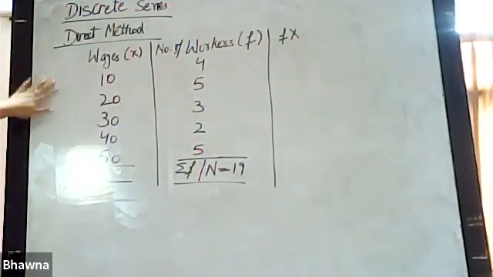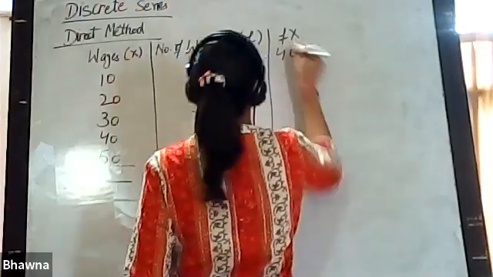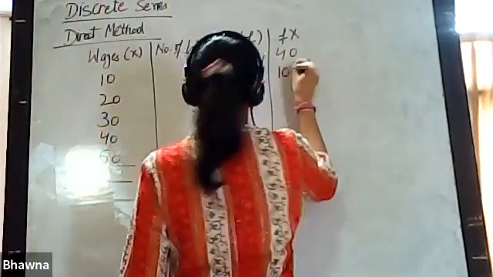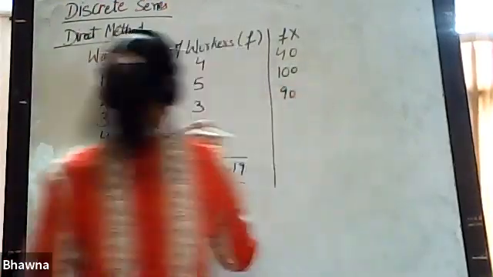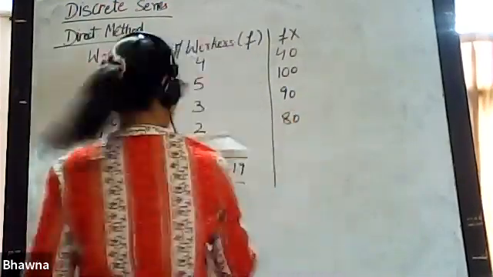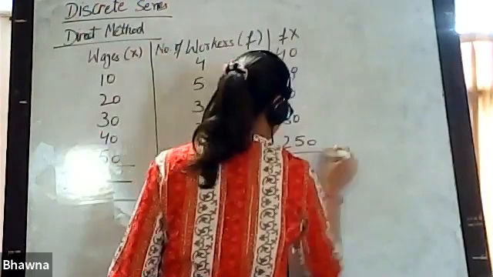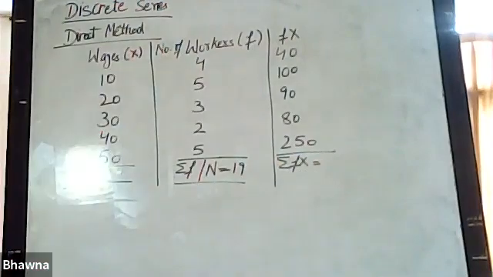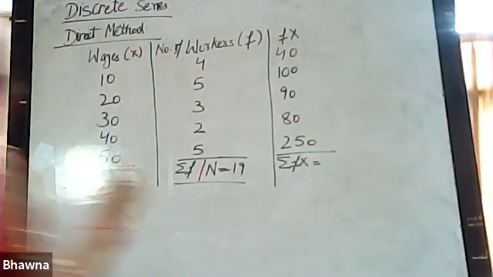We have x and also f, so we can calculate fx by multiplying both observations: 4 into 10, 5 into 20, 3 into 30, 2 into 40 and 5 into 50. 4 into 10 is equal to 40, 20 into 5 is equal to 100, 30 into 3 is equal to 90, 40 into 2 is 80, and this is 250. The value of summation fx is equal to 560.